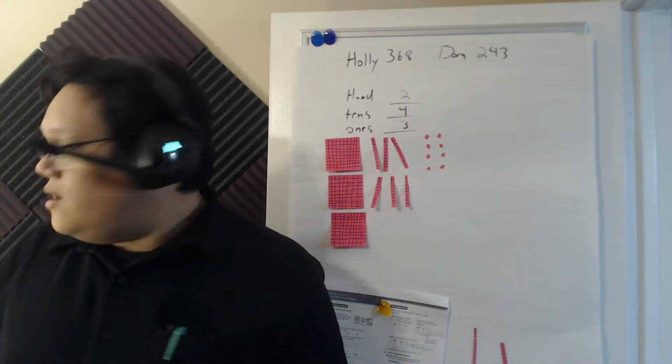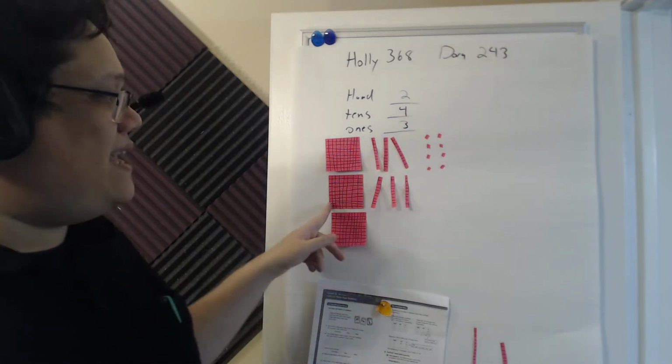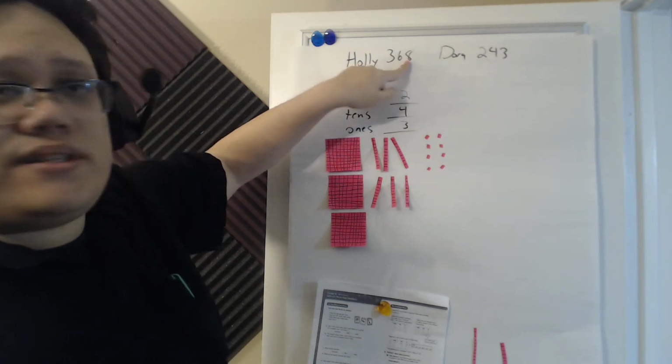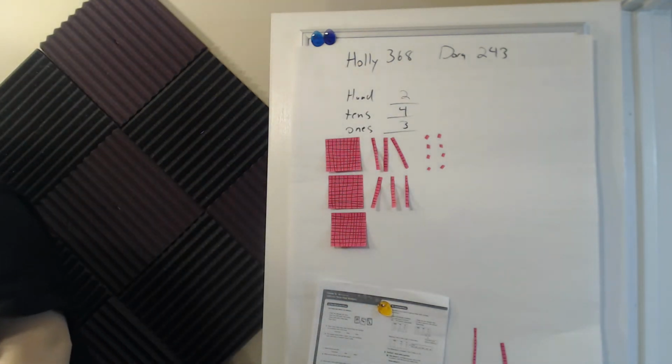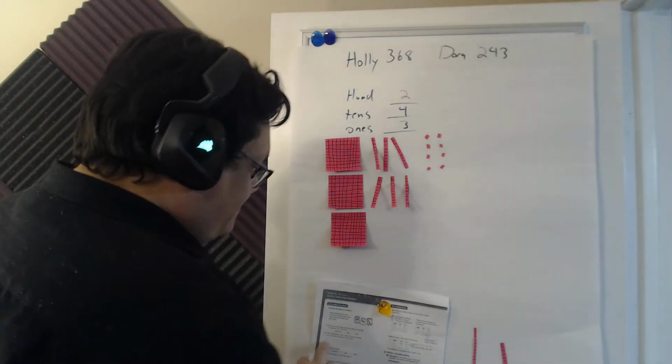See those little dots? Those dots are just ones. So we have ones, tens, and hundreds. And remember, she has 8 ones because that's what's in her ones place.